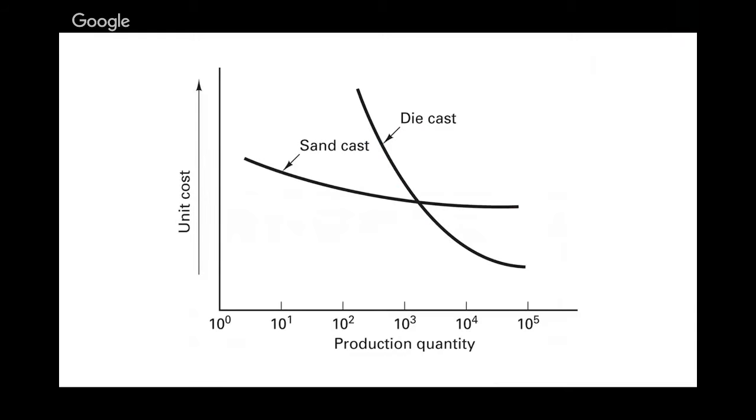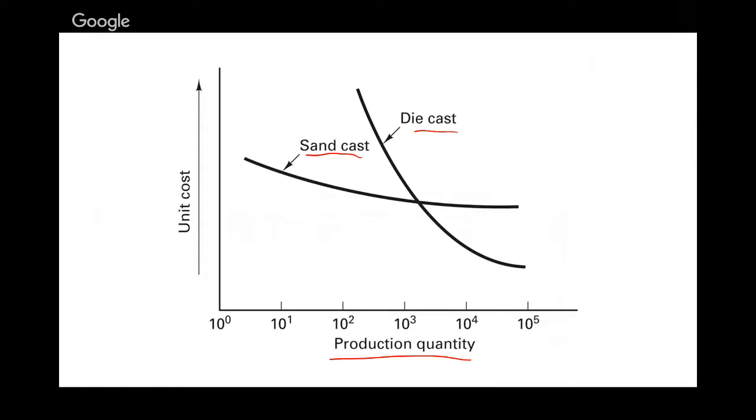One of the really important things here when we talk about this decision between sand casting, that would be a single-use mold, versus a die casting, which is an example of a multiple-use mold, really comes down to how much or how many parts are we making, okay? And so what we have here is kind of a graph, the production quantity here, then the unit cost.